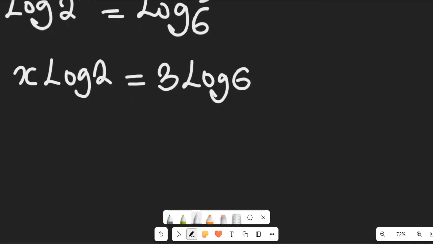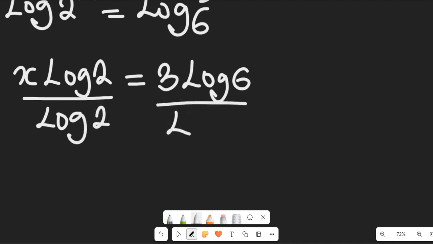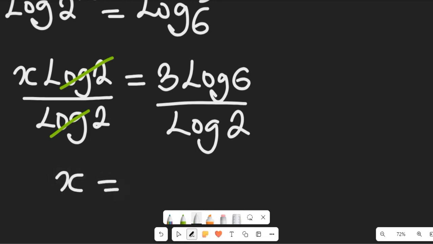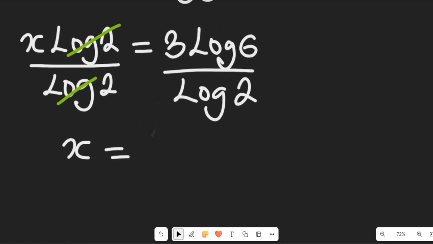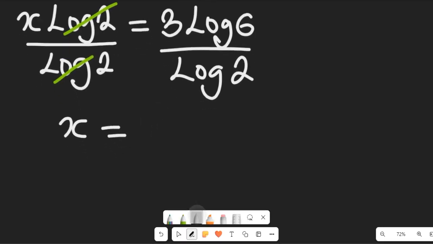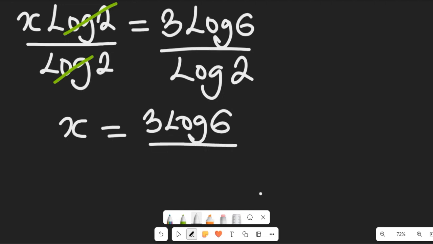Simplifying this, we'll divide both sides by the log of 2. So what are we going to get? This is going to clear this, and then the value of our x will be equal to 3 log 6 divided by the log of 2.